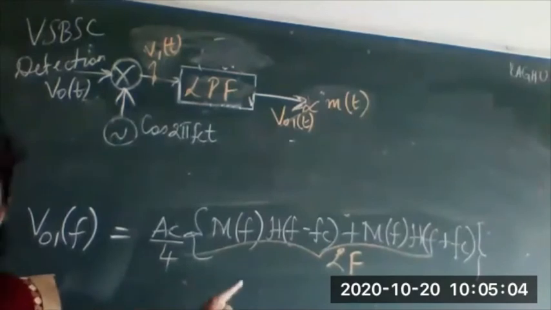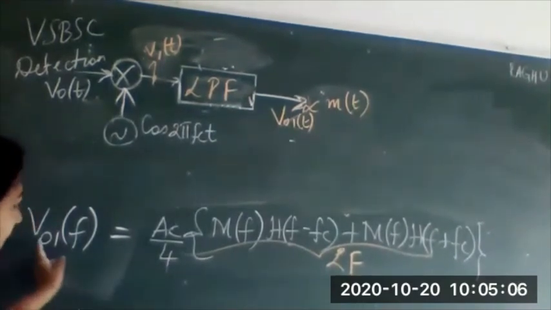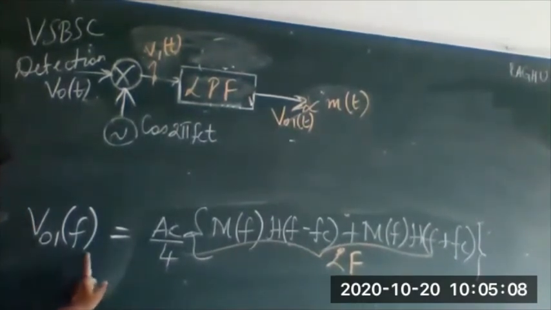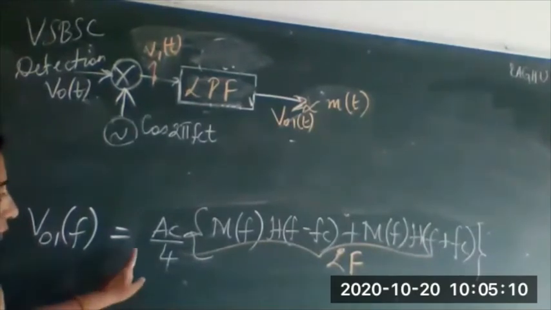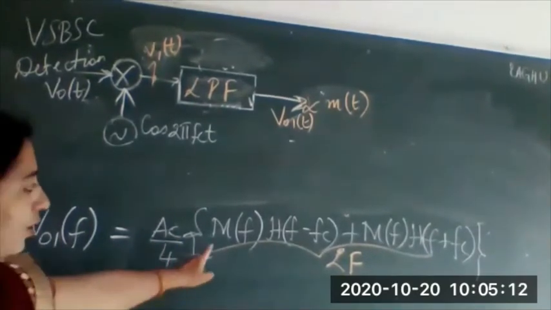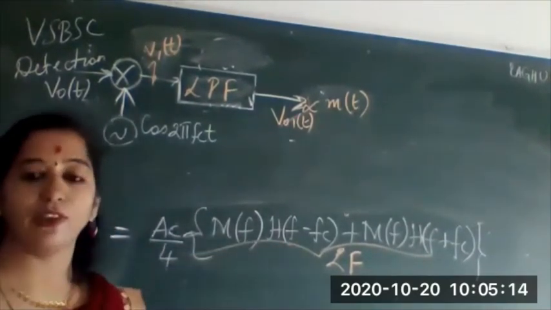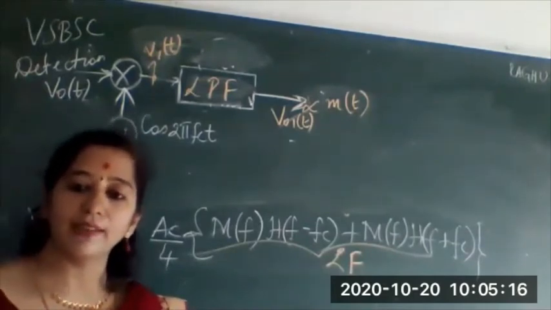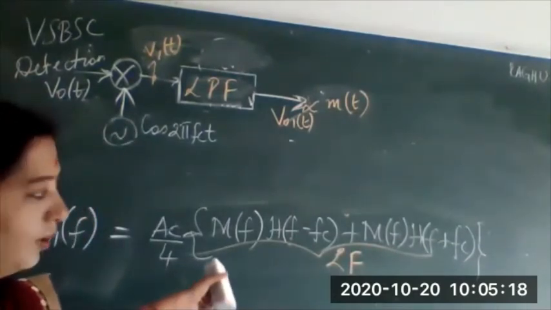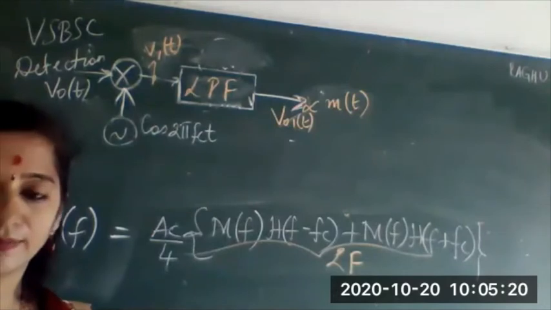Since we have everything in terms of f, I'll list it as V01 of f. V01 of f is AC by 4 m of f into h of f minus fc plus m of f into h of f plus fc.